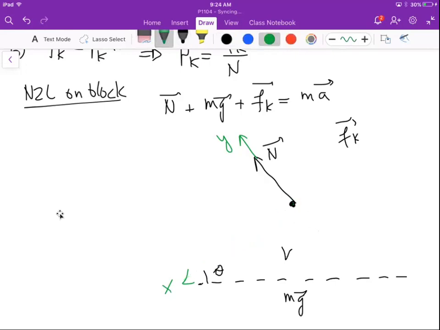Okay, let me draw again this. This is the x-axis. So this is n. This is here mg, and this is fk.